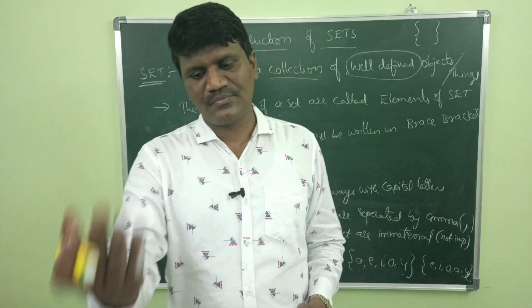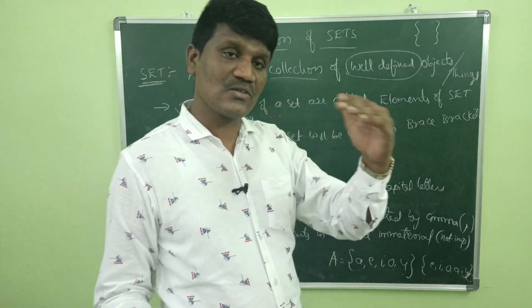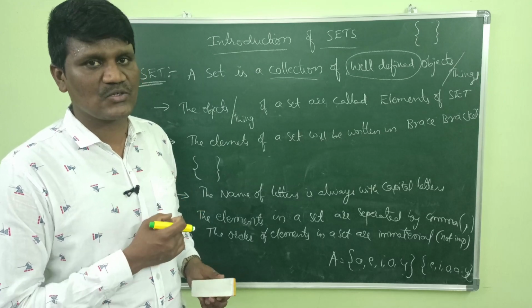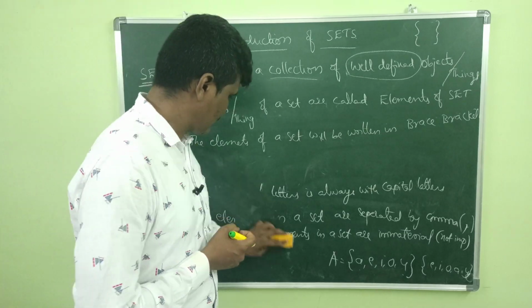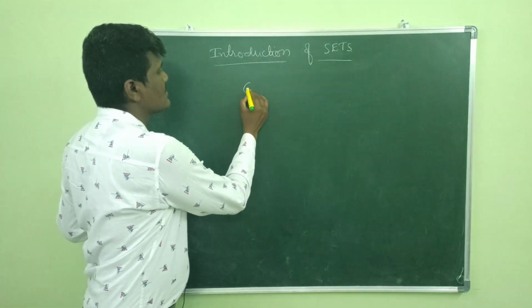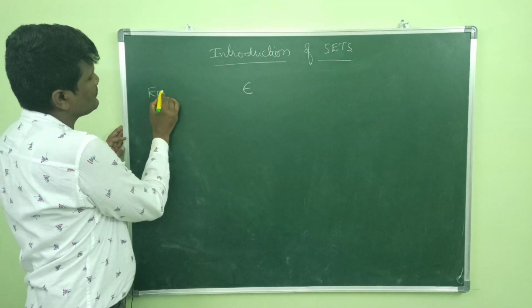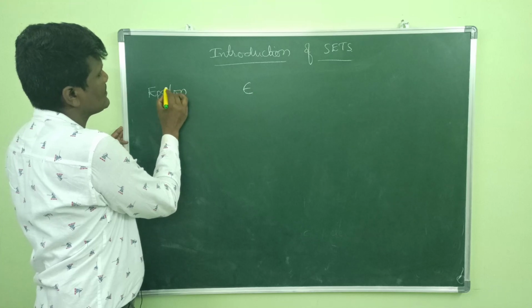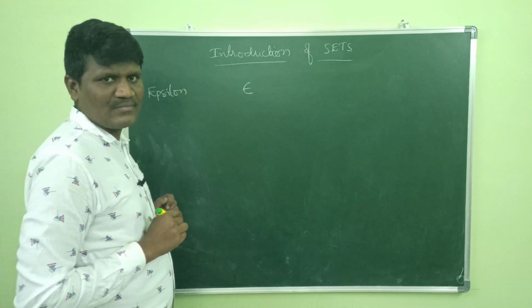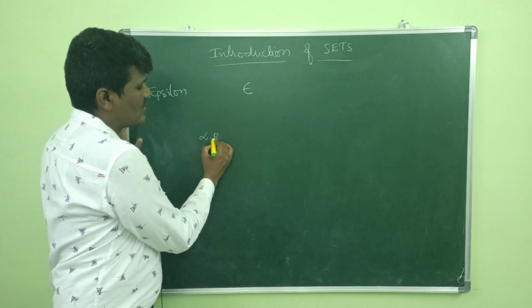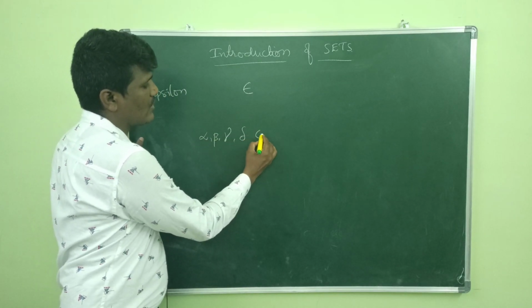Now let us see belongs to and does not belong to. What is the symbol for belongs to and does not belong to? This is the symbol, in fact, epsilon. In the Greek alphabet we have alpha, beta, gamma, delta, epsilon.